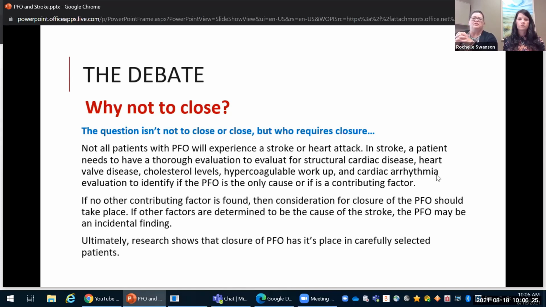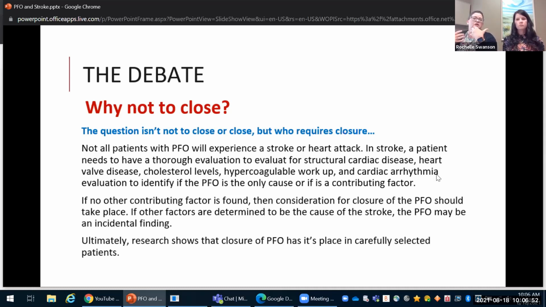If no other contributing factor is found, then we need to consider closing the PFO. If other factors are determined to be the cause of the stroke, the PFO may be an incidental finding and not require closure. But ultimately, research shows that closure of PFO has its place in carefully selected patients. So really having that partnership between the neurologist, your stroke neurologist, and cardiologist.